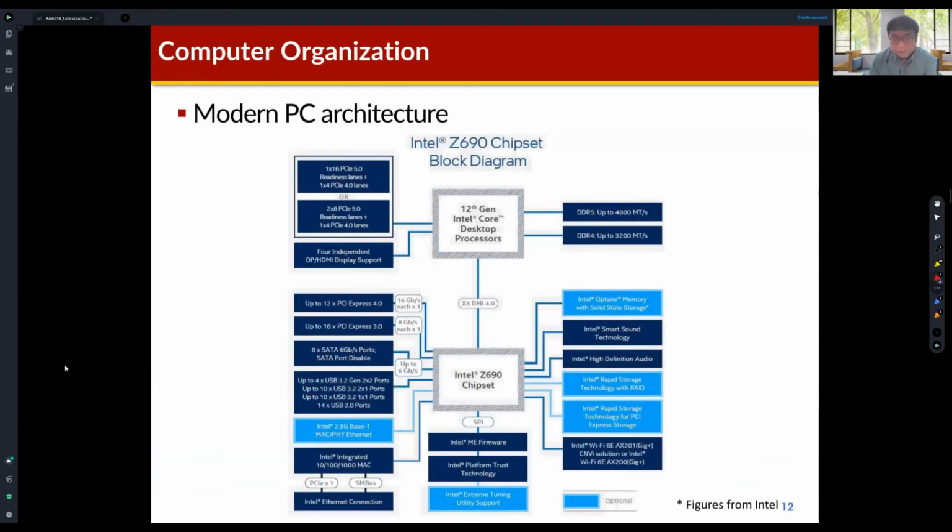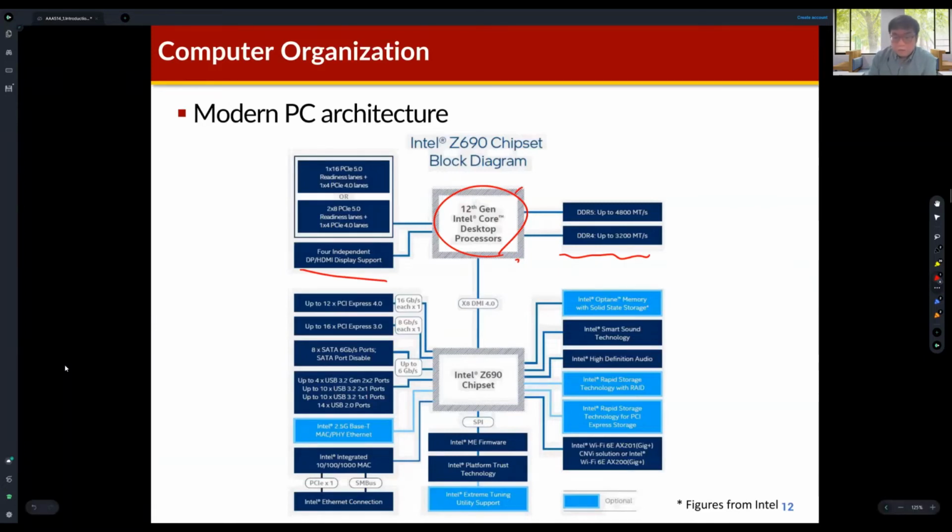It's the most recent computer system architecture, and as you can see, this is the CPU and then the DRAM. The organization is actually very similar to this figure, but you can find that some interfaces are changed.